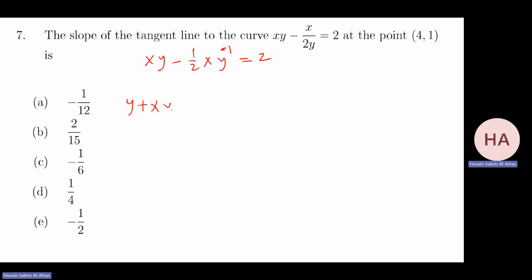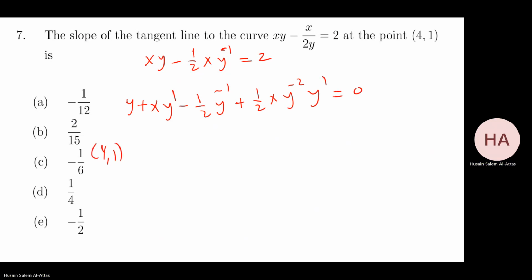That will be y plus x y prime minus half y to the power minus 1 plus half x y minus 2 y prime equals 0. I have the point (4, 1). What will you get? 4 plus y prime minus 1 over 8. Correct? Yeah, 1 over 4 times half, 1 over 8.